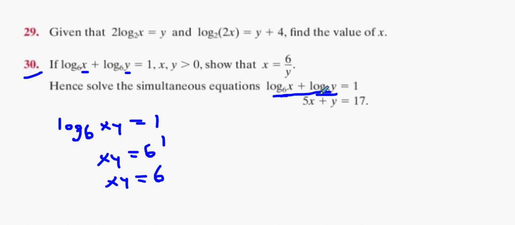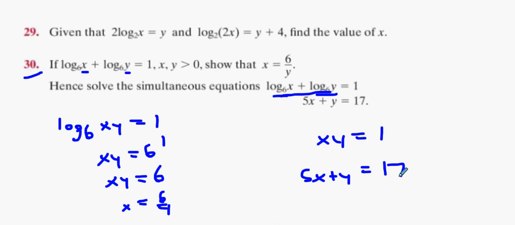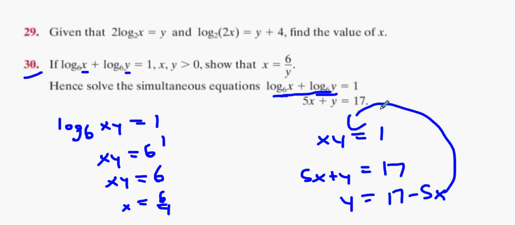We just did it up here. What can we change that to? Huh? We can change it into xy equals 1 and then 5x plus y equals 17. Do you guys know how to finish that off? You get y on its own. And when you get y on its own, what do you do then? Plug it in and finish.